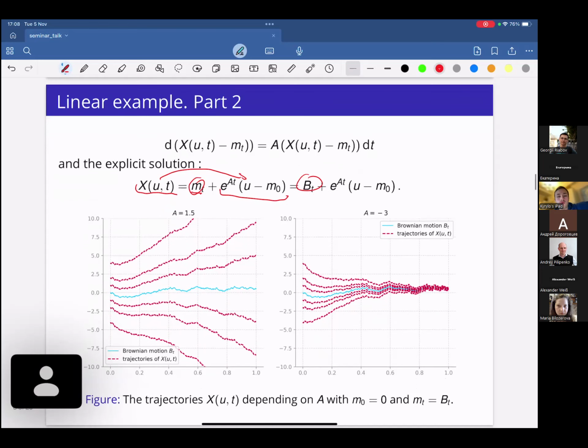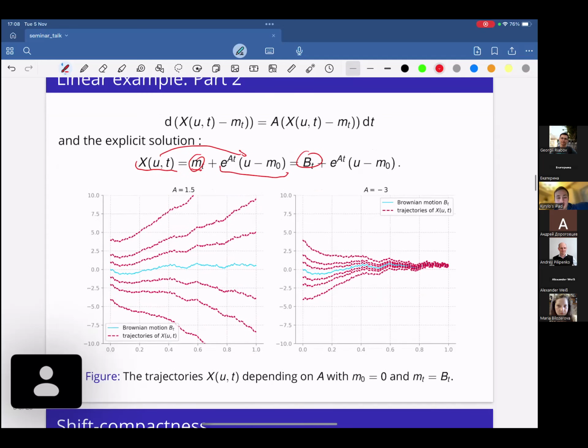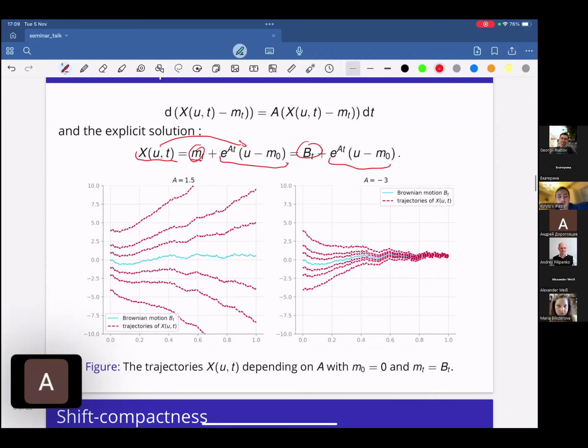To illustrate how the trajectories move if we change the parameter a, I provided some illustrations. I considered the simplest one-dimensional case. If we take a negative, these trajectories go strictly to 0, and in the other case it is vice versa, they go to infinity, and the movement of the center is the blue line.